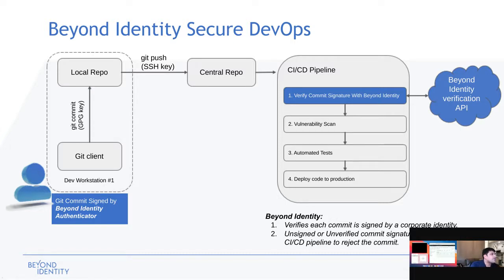So if I look at my repo and I go to one of my branches, I'm going to make a code commit without signing the commit. And I'll show you what happens in the pipeline. I'm going to make a change. I'm going to add more tomatoes to this recipe.